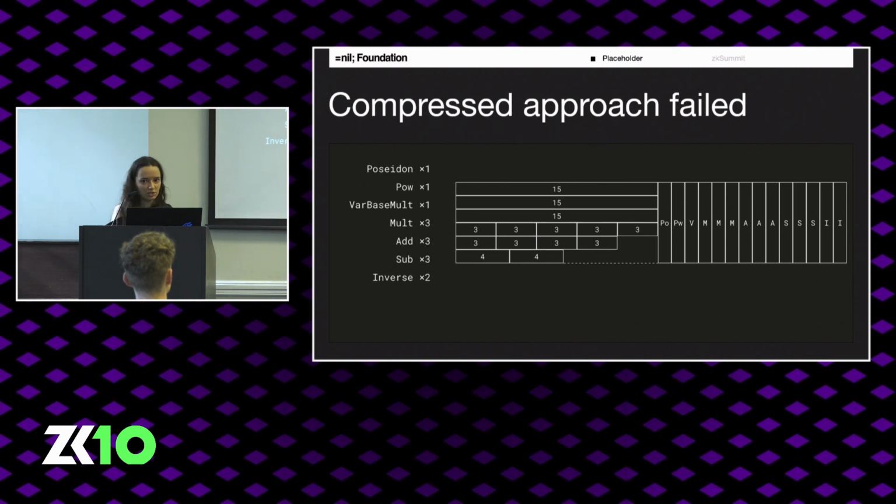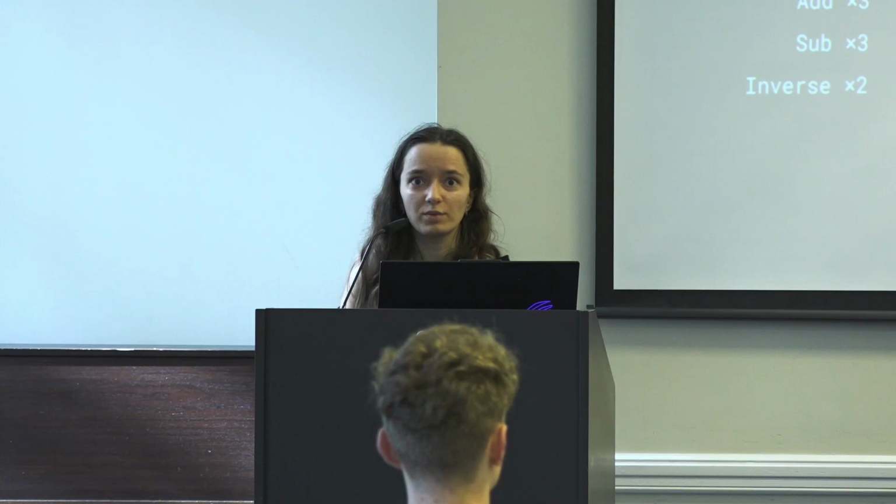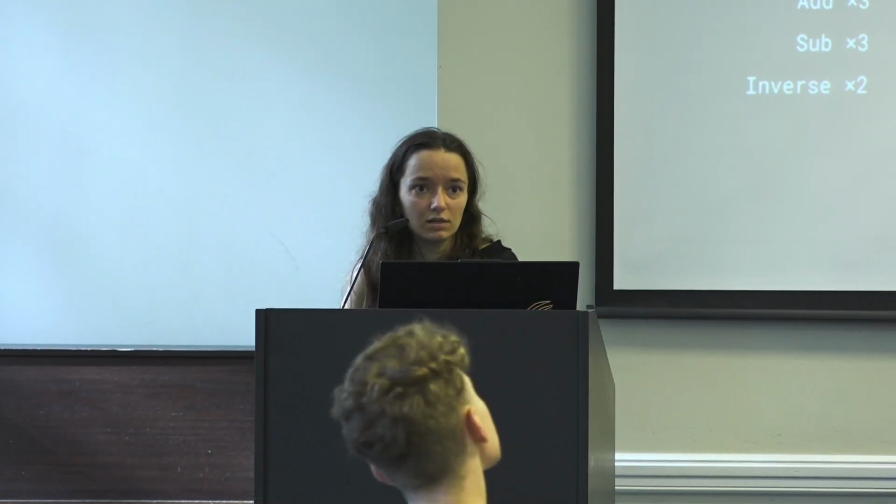If we have additional gates, it means we have additional selector columns, because each gate has its own new column. So it would be a pretty big total amount of additional columns. And it means it's not a better option. It has some drawbacks.